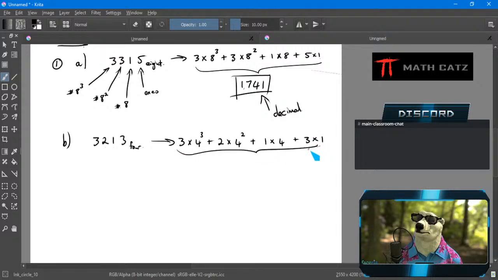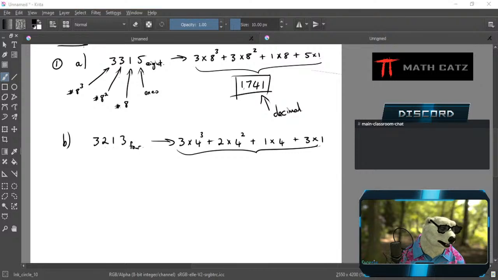Use your calculator, don't use your calculator, doesn't matter to me. But let's see something in the chat. 3 times 4 to the power of 3, which you don't have to remember. 2 times 4 squared is 16, plus 1 times 4 is 4, plus 1 times 3 is 3.